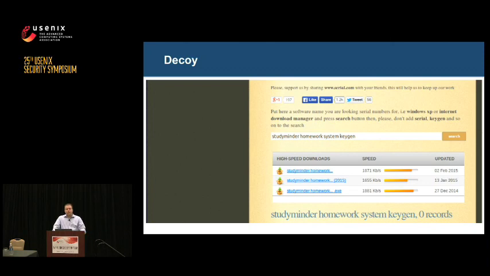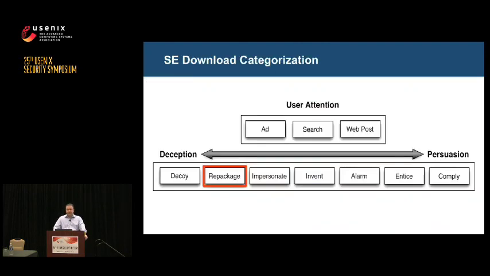However, what's in between the search keywords and the results of the site is an advertisement, a decoy advertisement. And the advertisement actually has the words that they used in their search in the link, as well as showing download speeds. And so in this case, the user clicks on this advertisement and goes and downloads the software that's not the keygen that they wanted, but software that they do not want to install.